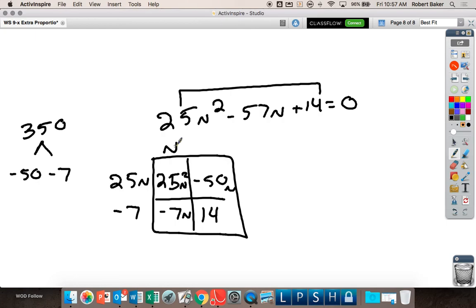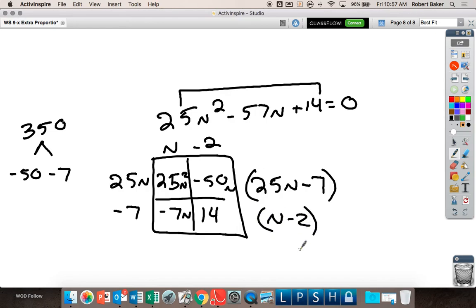Negative 50n divided by 25n is negative 2. Does negative 7 and negative 2 make positive 14? So those are your two factors: 25n minus 7 and n minus 2. So that's using the box method. I want you guys to practice tonight.